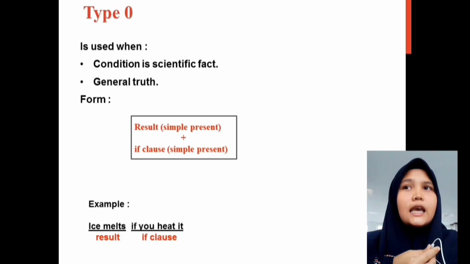The form that we use in type 0 is the result uses simple present and then the if clause with simple present also. Example, ice melts if you heat it. Ice melts is the result and then if you heat it is the if clause.